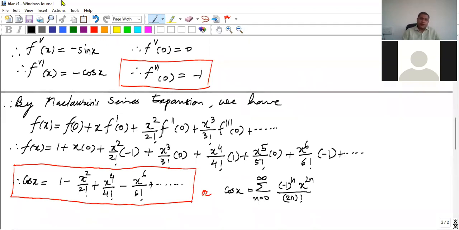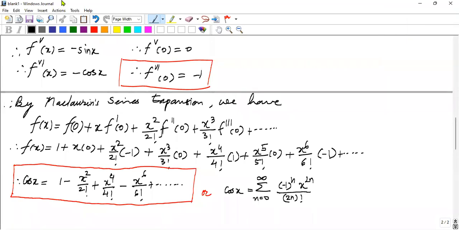So is there any doubt in this example? No, sir. Okay. So here you can see some derivatives are zero, some derivatives are non-zero.